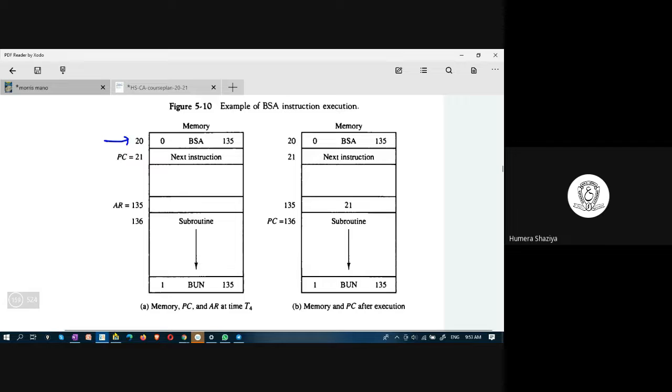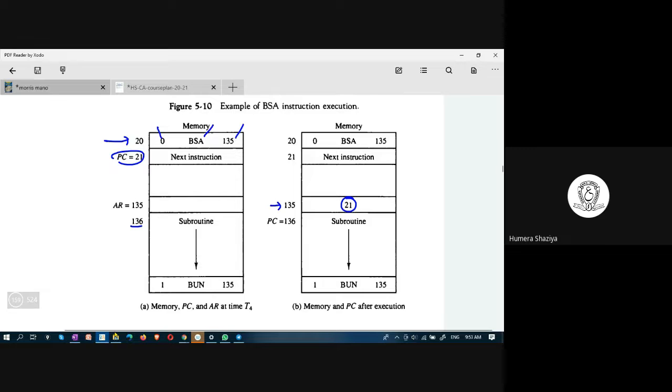In location 20, you have 0, which is a direct address. BSA means branch and save return address. Where are you branching? To 135. In 135, what you have to do? You have to save the return address. What is the return address? The return address is 21. Look here, at address 135 you are storing 21. And then you are jumping to 136.